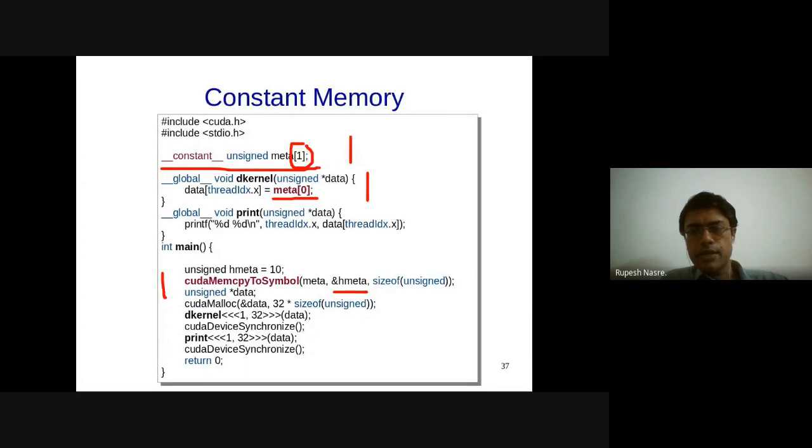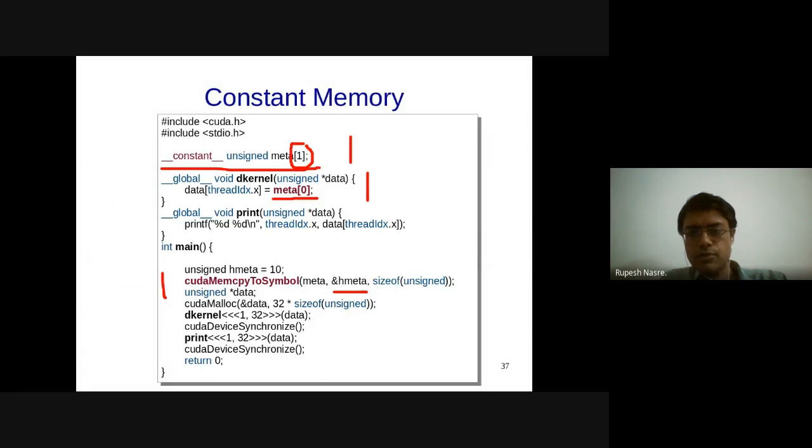Can we keep meta as a variable sized array? No. You have to have meta as a fixed size array. In fact, you are defining it globally, so you cannot make it an arbitrary sized array.